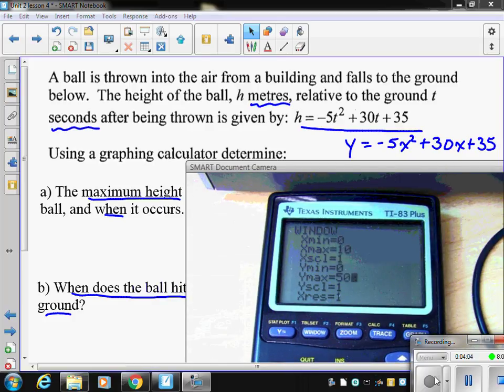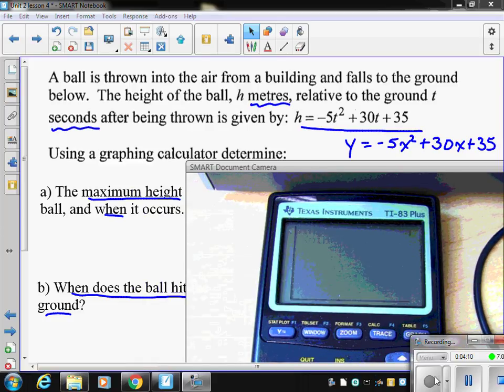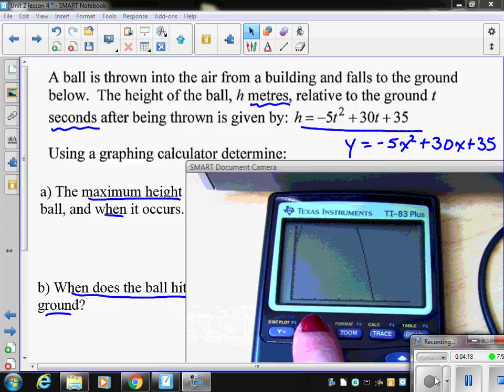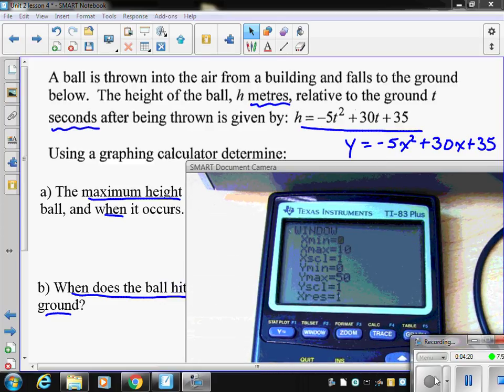I think I'm going to go with 50. And then I'm going to hit graph again. I've given reasonable thought to my domain and range, and let's see how we do. Well, it's a lot better, but I still don't see the top of it, so I need a larger value for my range. I need a number bigger than 50 so I can see the top of it. Let's go with 100.